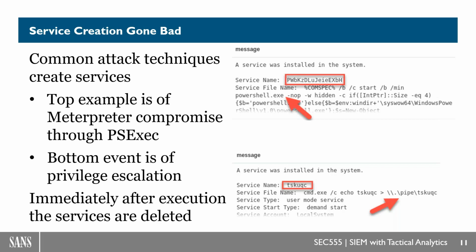So there is a tool called freq.py that was written by Mark Baggett, who's also a SANS instructor. And that is something that you can integrate with your SIEM or with your processes that will basically do a frequency analysis of any string. So you give it a dictionary that says normal service names look like this, and it will tell you that this does not look like a normal service name because it's purely random.